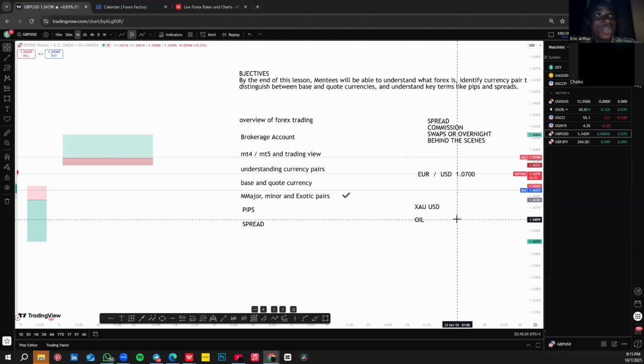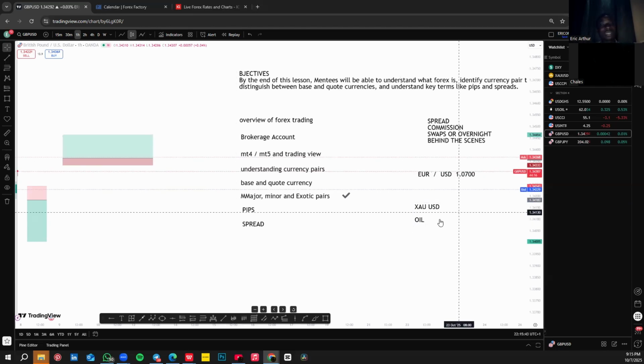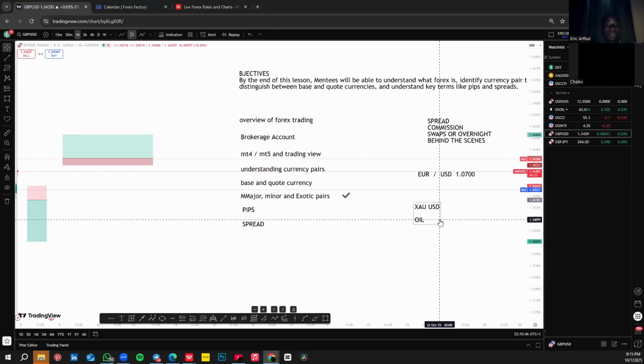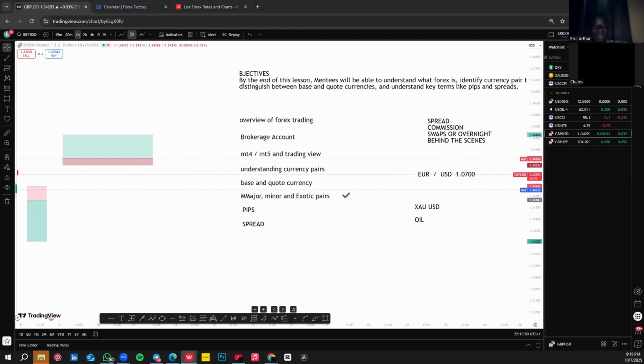You said you nearly traded gold, or you are about to trade gold. So how do you understand these things? How do you categorize XAU USD and the oil? How do you understand how they are paired?